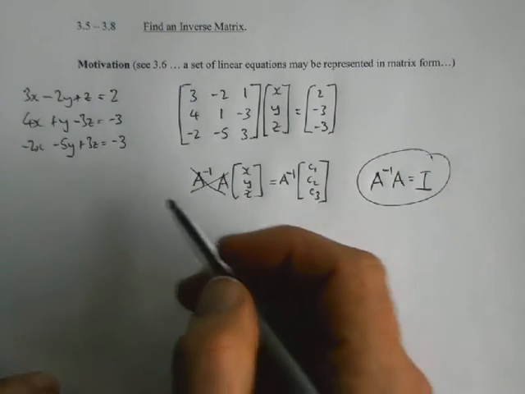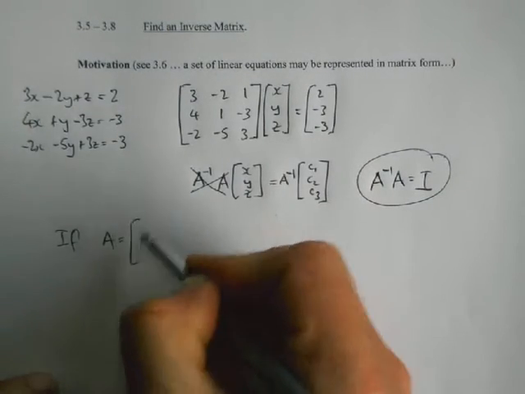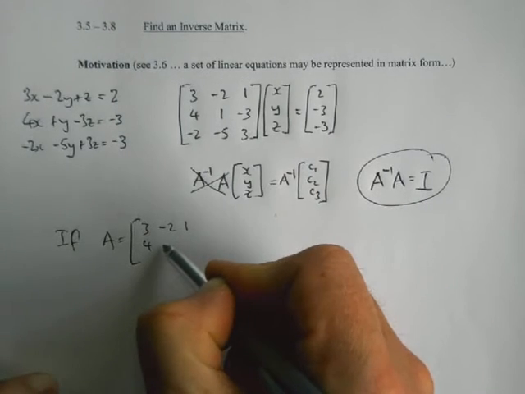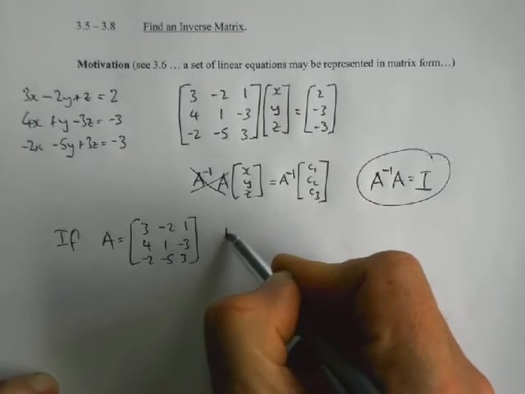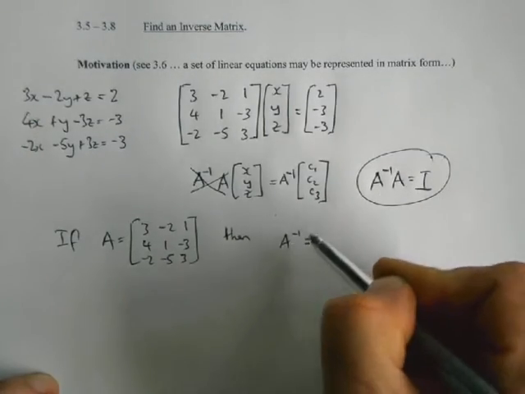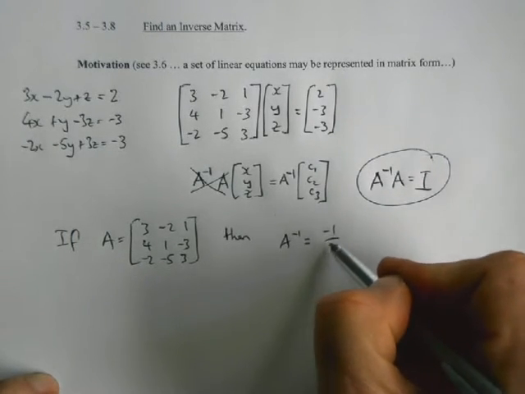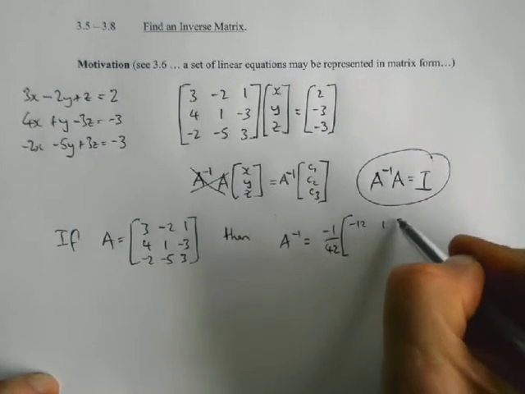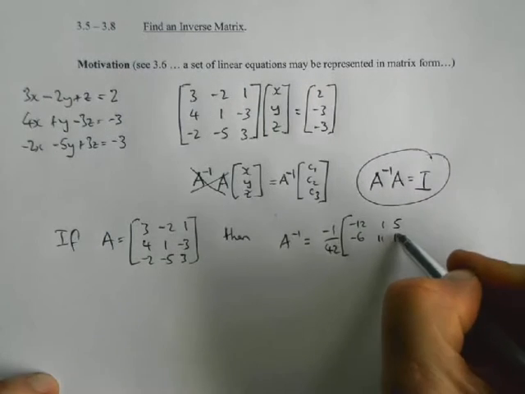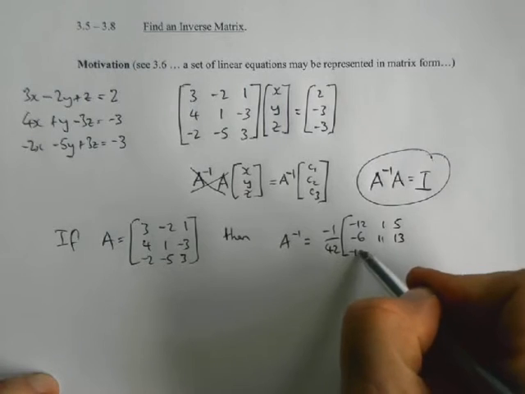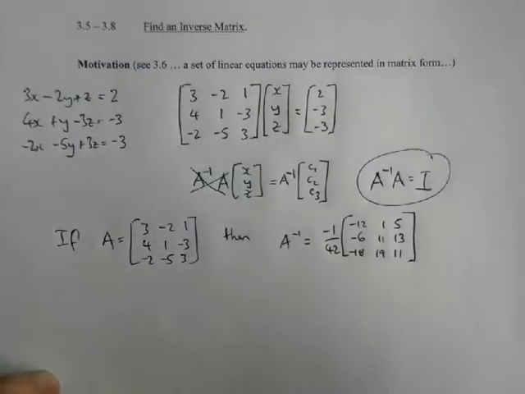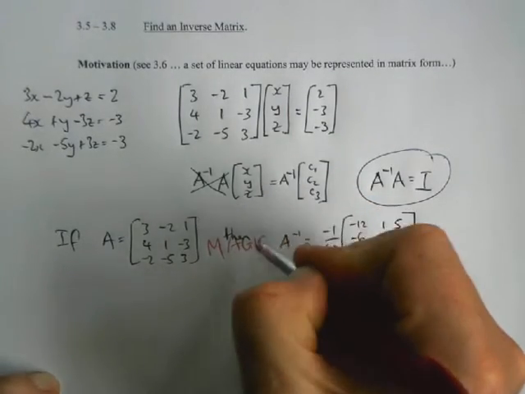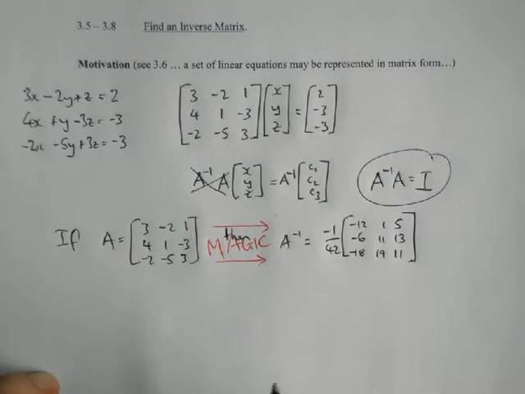So if I can do this, if I can find A inverse for A, then I can very quickly find out what x, y, and z is. So let me show you how I mean. If I'm dealing with A as being this matrix up here, so 3, negative 2, 1, 4, 1, negative 3, negative 2, negative 5, 3, then A inverse equals negative 1 over 42, lots of negative 12, 1, 5, negative 6, 11, 13, negative 18, 19, 11.